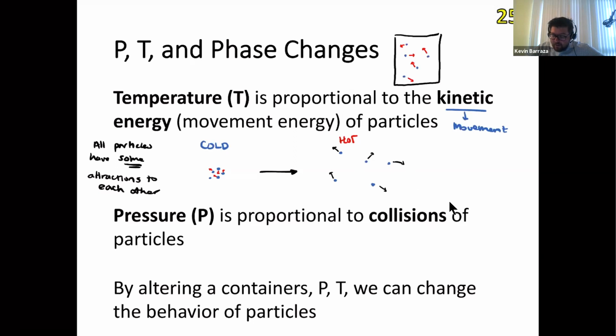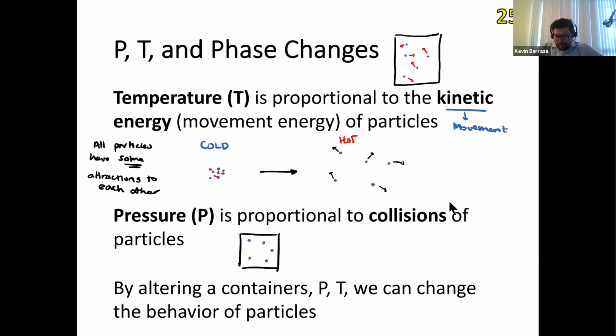The other thing that we see in the simulation is how the size of the box affects the particles. We might expect in a scenario where the temperature is really high that my particles are really far apart.